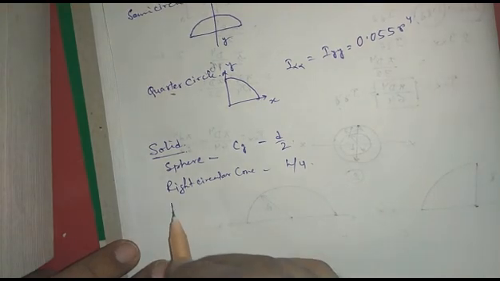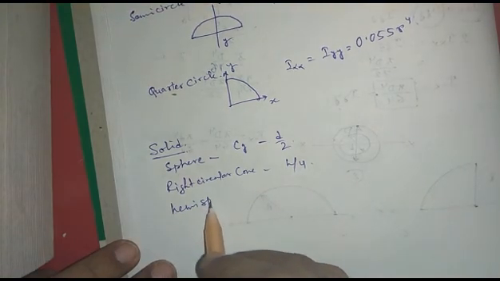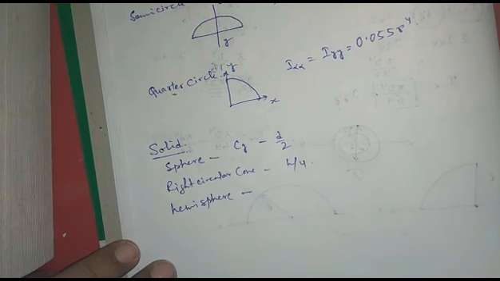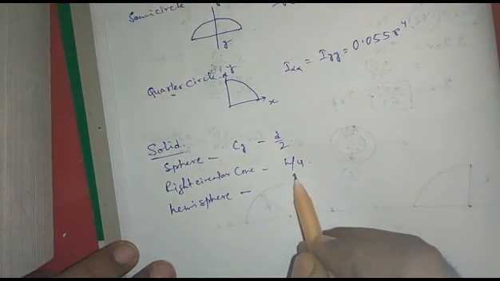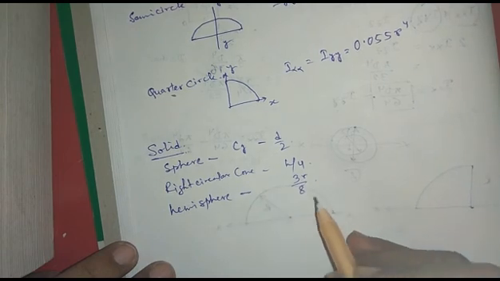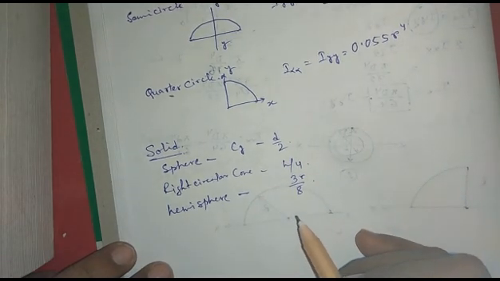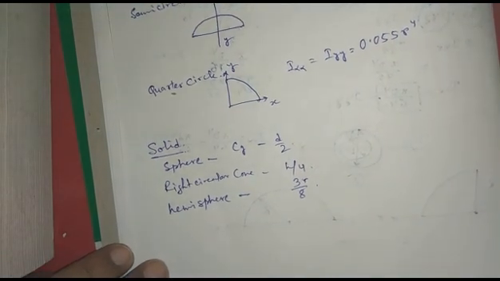If it is a hemisphere, then it is 3r/8 from the flat surface.